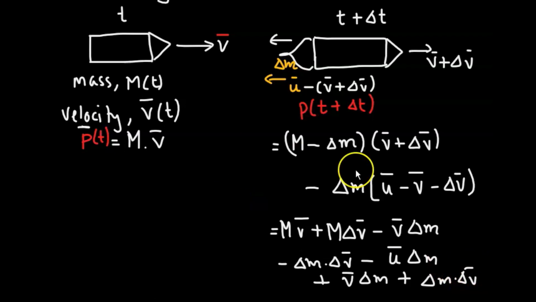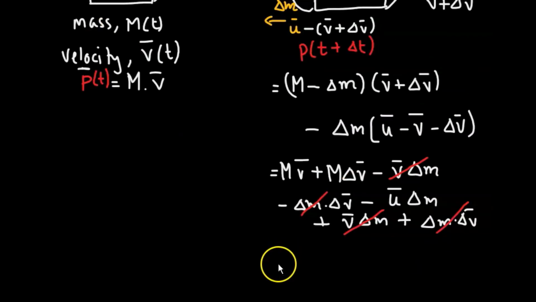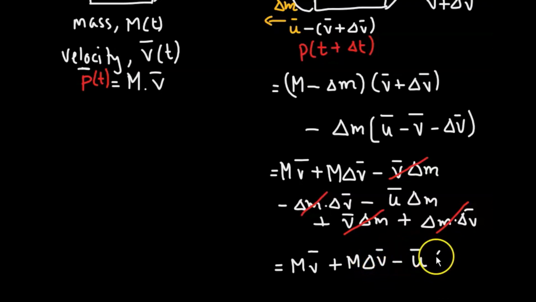So here a few terms will get cancelled out. We have negative m delta v vector and positive m delta v vector, they cancel out. And we also have v vector delta m and negative v vector delta m cancelling out. So that leaves us with m v vector plus m delta v vector minus u vector delta m. So this is the value of p calculated at t plus delta t.